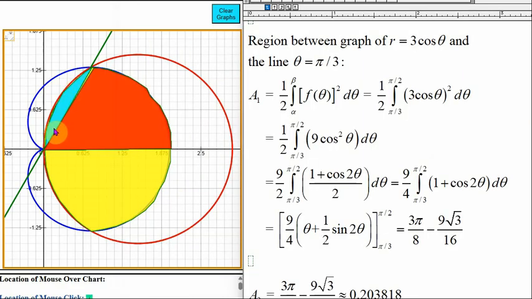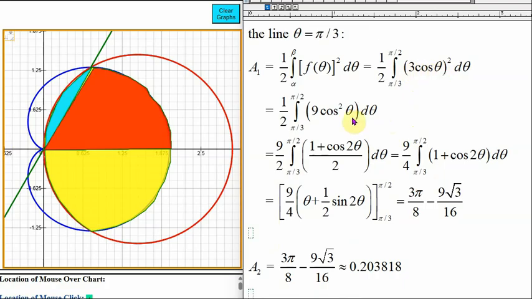The area of this piece will be 1/2 times the integral of 3 cosine theta squared, since the equation for the circle is r equal to 3 cosine theta. This piece runs from theta equal to pi over 3 to pi over 2. So here we get 9 cosine squared theta times 1/2.